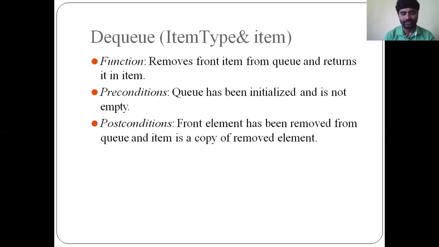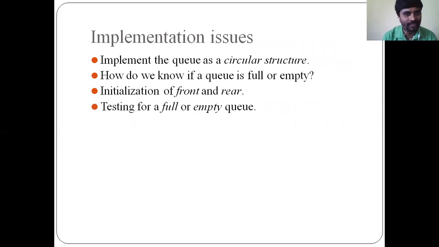But here we are adding at the rear and removing at the front. So what kind of implementation issues do we have in a queue? First is implementing the queue as a circular structure, with a starting point and an ending point. How do we know if a queue is full or empty? That is very difficult in queue processing.